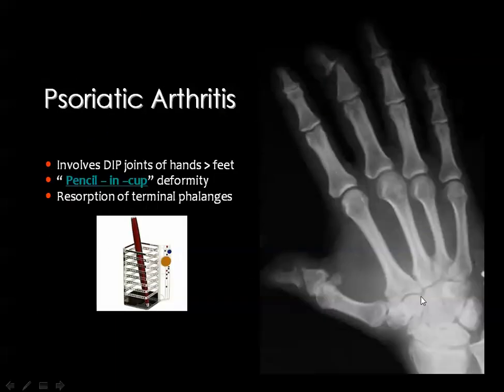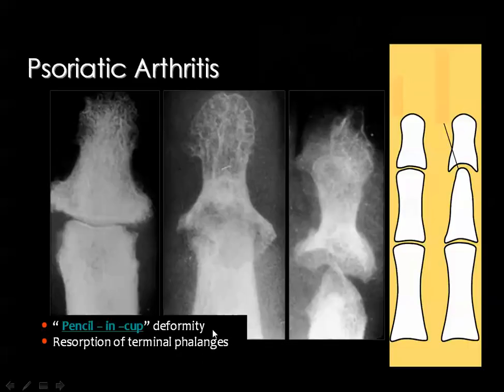Then there is a peculiar manifestation of this type of erosion, and it produces a very characteristic deformity which is known as the pencil in cup deformity. By time you get a resorption of the distal part of the phalanx and widening of the base of the terminal phalanx, giving a similar appearance to a pencil in a cup.